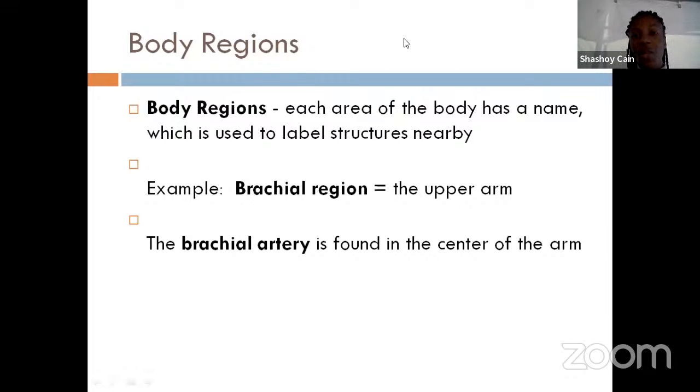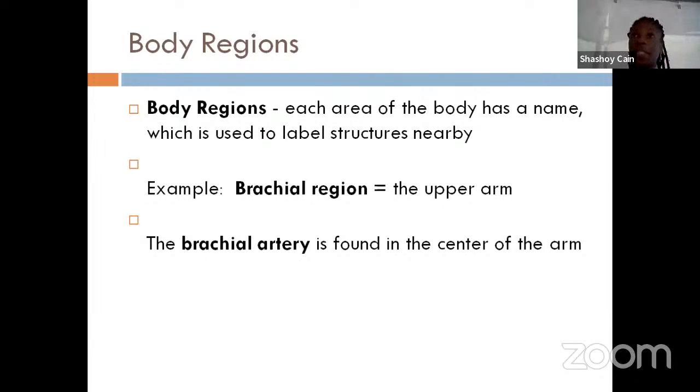All right, so it says body regions: each area of the body has a name. Like most Jamaicans just call all of this our foot. But each region has a name, which is used to label nearby structures. For example, the brachial region, which is the upper arm.